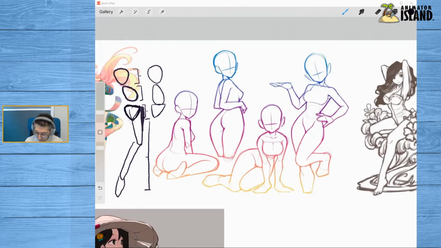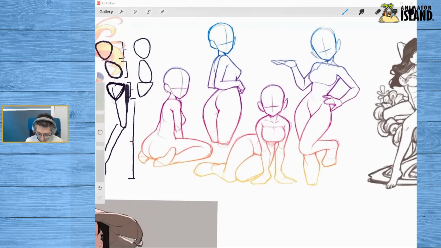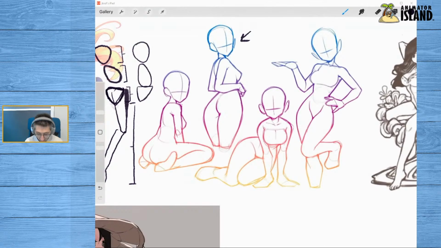If we took this same character, we're just going to focus on this one for a second because it's the most upright. It's the easiest to talk about proportion. If you look at something like this, which is not only in perspective, but also kneeling down, kind of laying down, it's a lot harder to talk about proportion there because we have to fudge some things to reshift her out of that perspective.